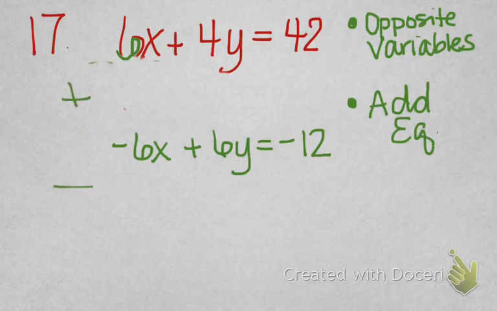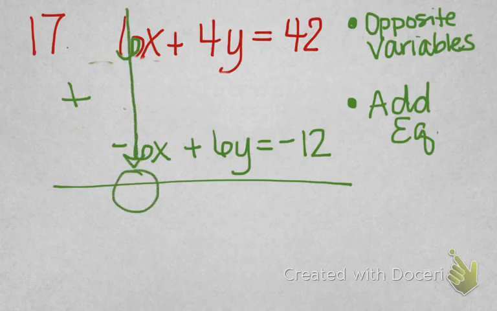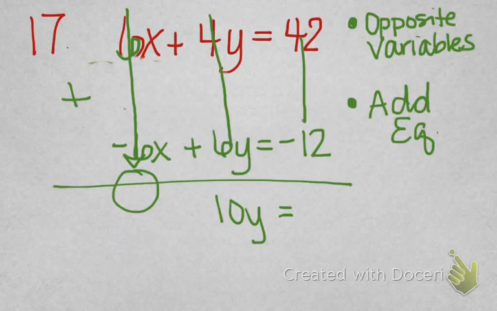When I add a positive 6x plus a negative 6x, that gives me 0, and that is where the name elimination comes from. When I add 4y and 6y, I will get 10y. And when I add 42 and negative 12, I will get 30.